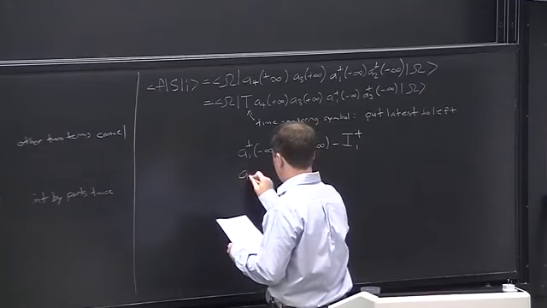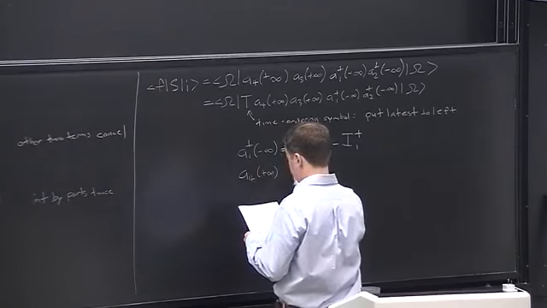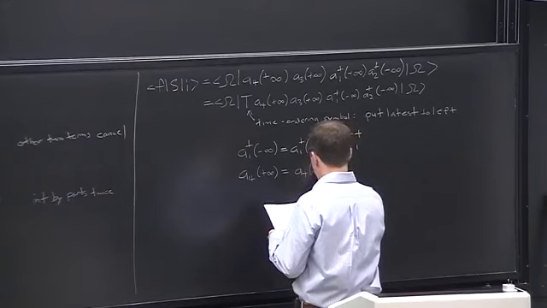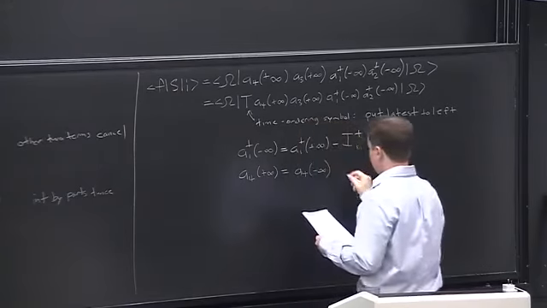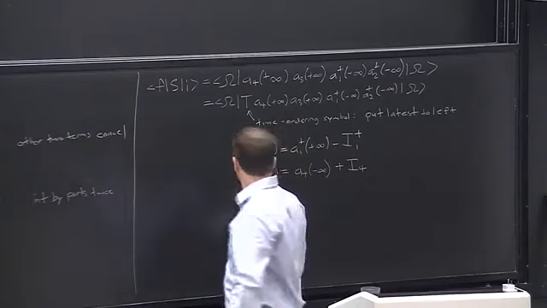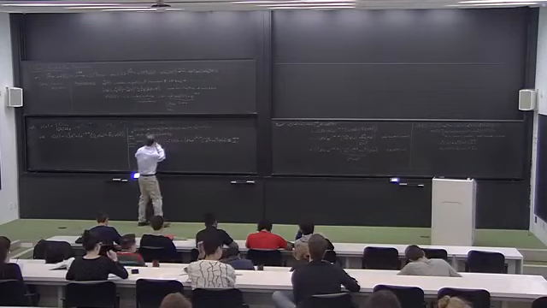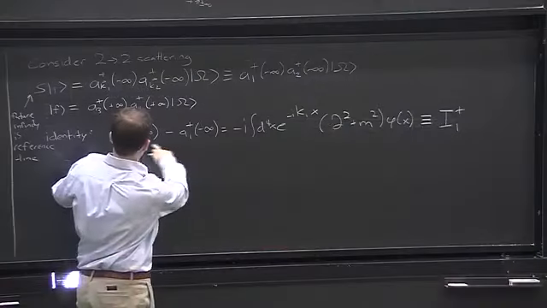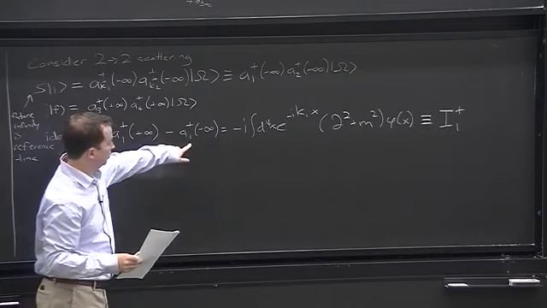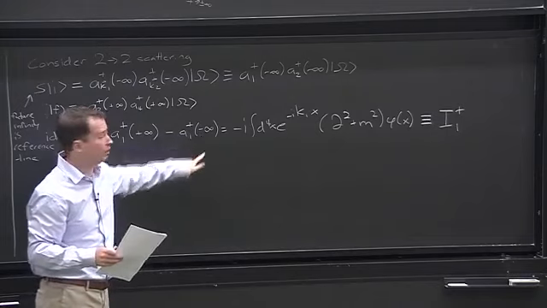And then we can do the same thing for the annihilation operators. The ones in the far future will be related to the ones in the far past, plus I4. If we just take the complex conjugate of this equation, we get a similar relation with the annihilation operators. The minus sign comes from the fact that we're starting with plus infinity in one case and minus infinity in the other case.